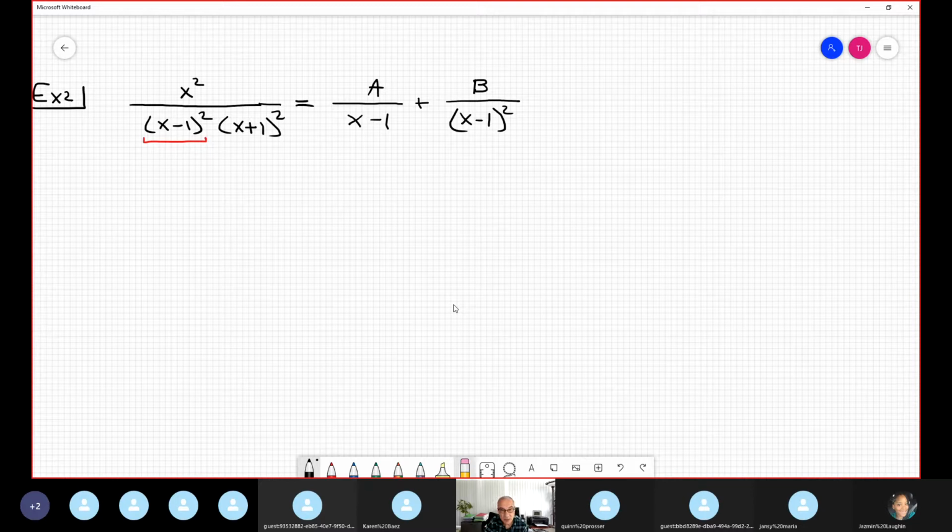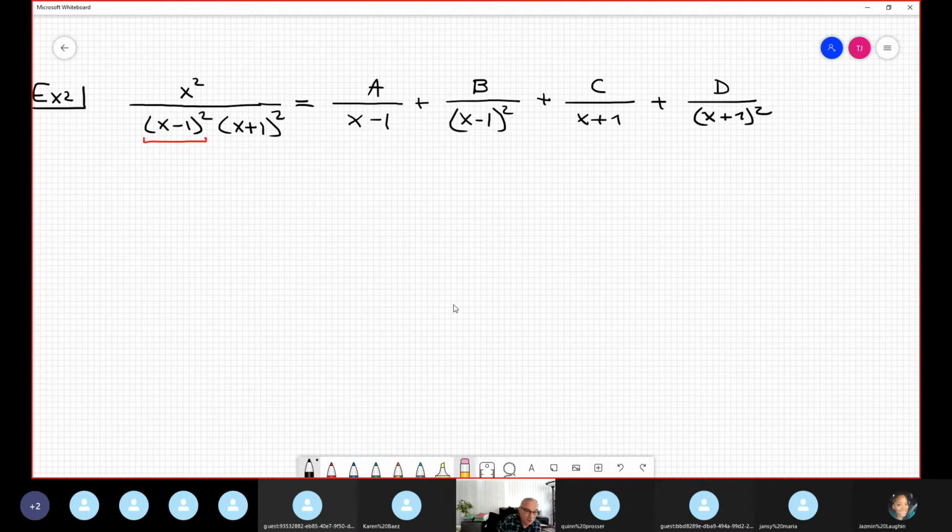It's linear with multiplicity, but it's linear. Plus, exactly the same, x plus 1 and x plus 1 squared. I put C and D. Wow, I just need to find 4 numbers: A, B, C, and D. When you find the 4 numbers, we finish. End of the story.